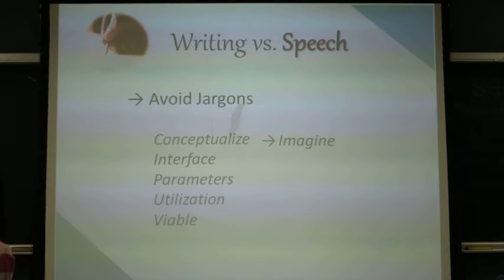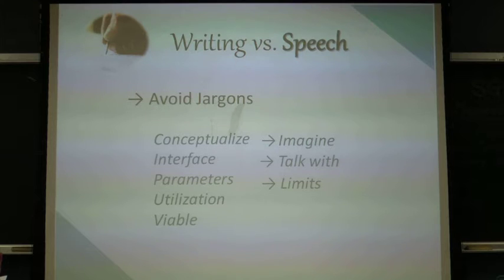Conceptualize actually just means imagine. Interface, talk with. Parameters, limits. Utilization, use. Viable, possible. So by changing these words to more of a daily life vocabulary, it will be easier for the audience to understand you.